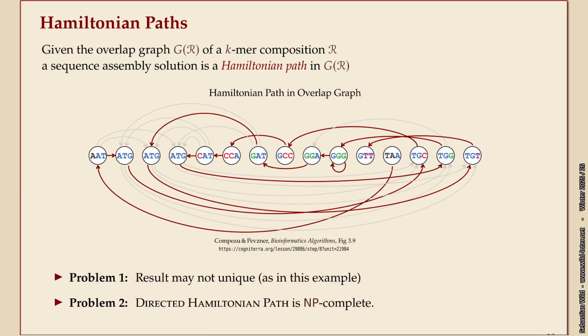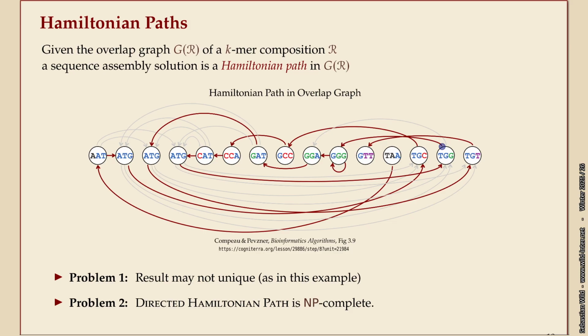And here's an example in the non-linear arrangement. And I think if you follow through the edges, you'll see that this is a different text that also matches the same k-mer composition. So even in our perfect world, where we assume that our input is a clean k-mer composition of a single text, it can happen that the graph allows several Hamiltonian paths, and the problem is not uniquely solvable.